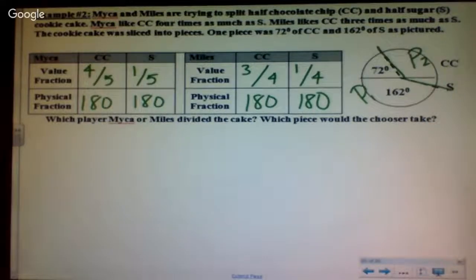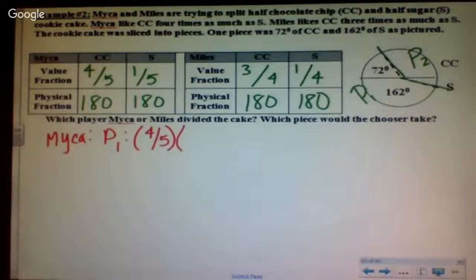So let's start with Micah. Piece 1. What value fraction would you like to use first? 4/5. All right, so we're doing chocolate chip first. So we start with 4/5. How much chocolate chip is in piece 1?